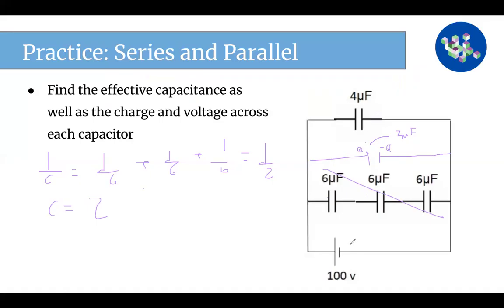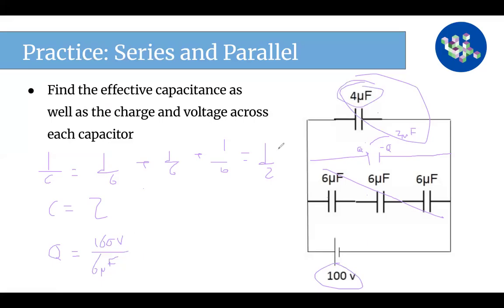I know this is 100 volts, so I can find the total charge Q, which would be equal to 100 volts times the total capacitance. We replace this with 6 microfarad, and that was the total charge. We found that, and you can also find that across this.